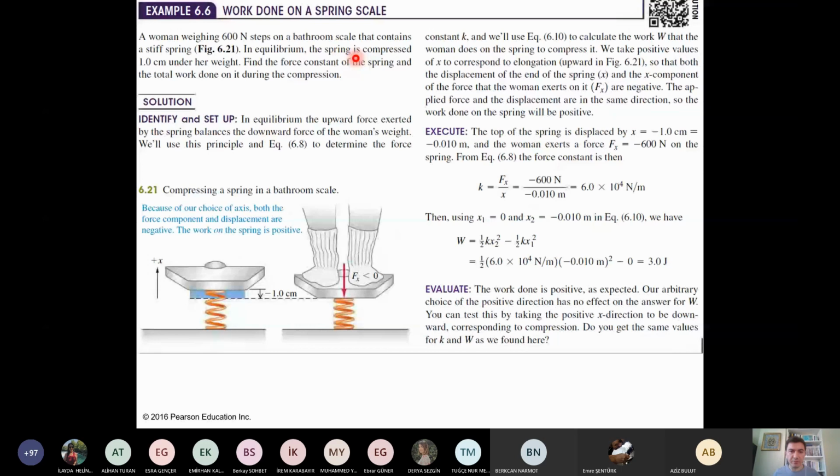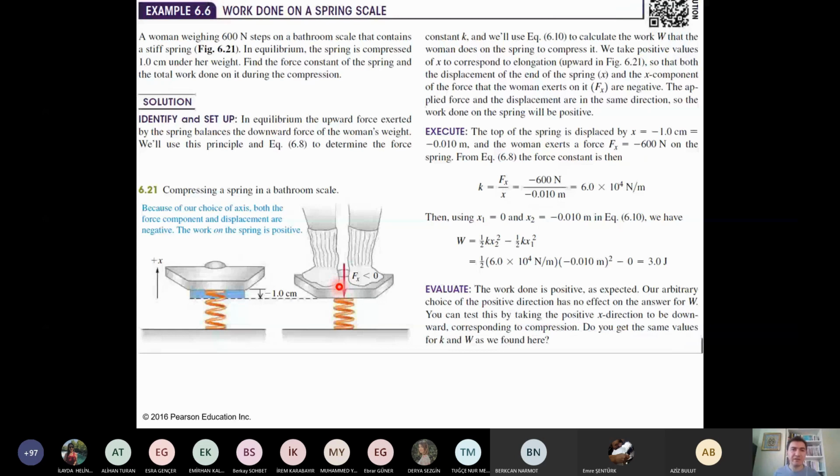So the woman is here and applies a force, her weight, and she compresses the spring by 1 centimeter, okay? Look at the term, compress, not stretch, because we decrease the length of the spring. This is compression.